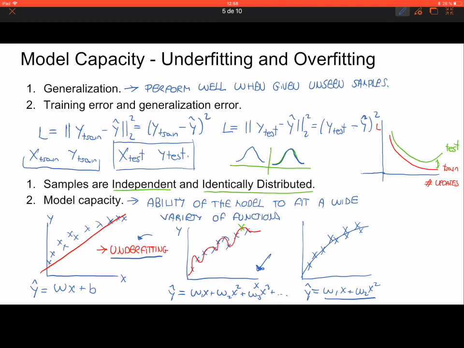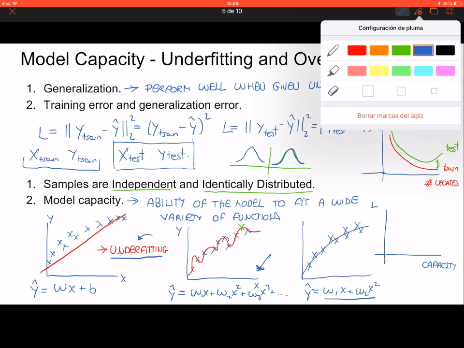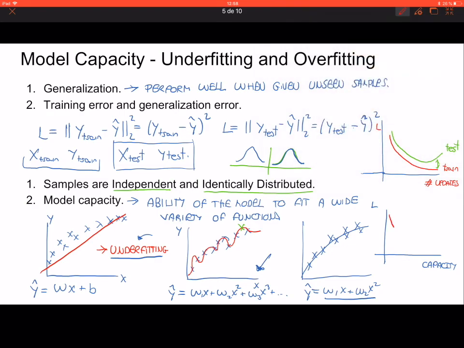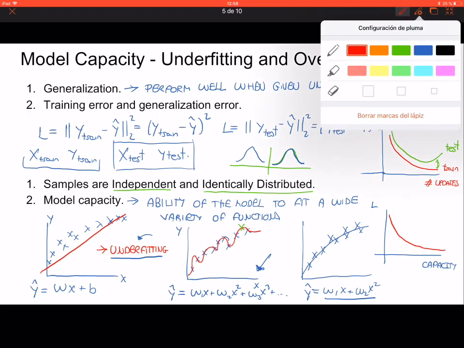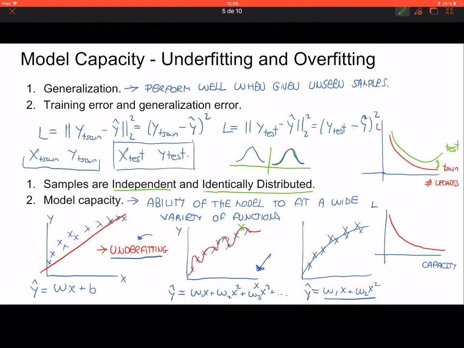And you also see that if we plot the error, the loss against capacity, my training loss will decrease together with my capacity, because you become very good at fitting the data, at remembering the training data. But my test error, because I have never seen that data, will eventually start increasing as I make my model more and more complex.